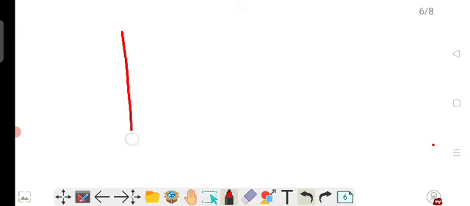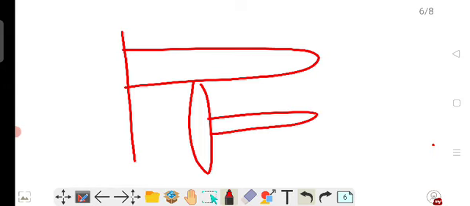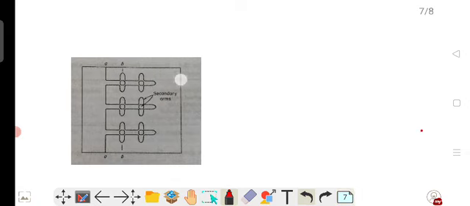So let us draw. This is our primary, this is secondary, and this is suppose the tertiary. So we can say that this is the primary, and this is the secondary arm, as I explained.